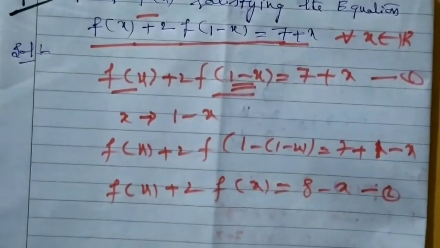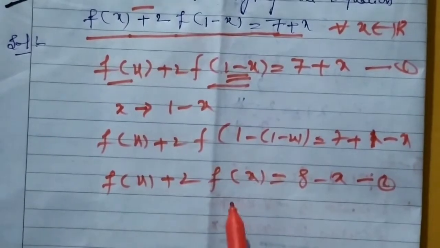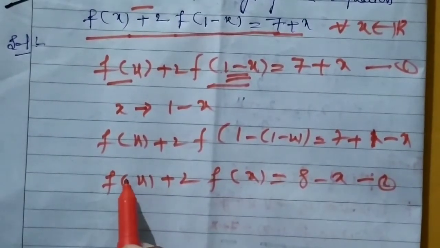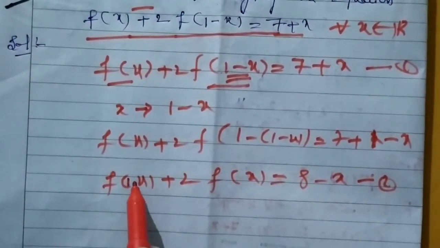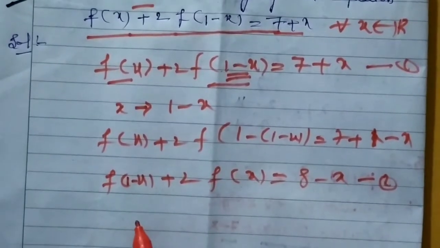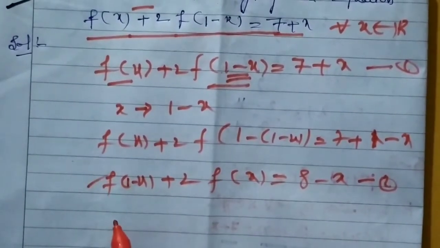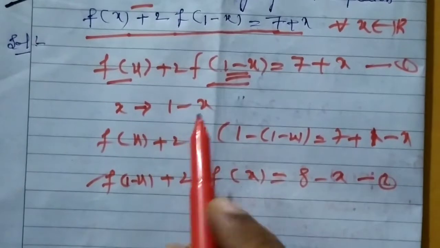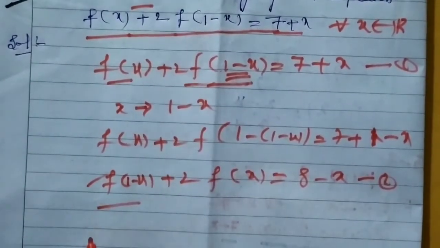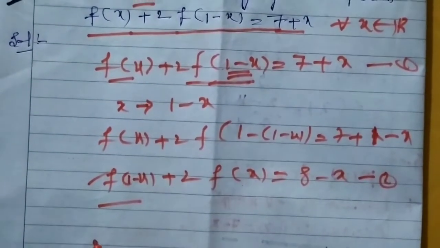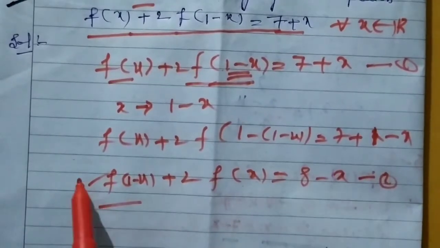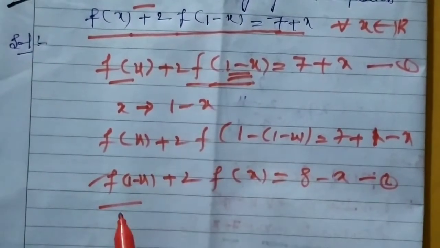So using these two equations, f(1 - x) is involved in both the equations. So using the first and second equations, we can eliminate the f(1 - x) term.